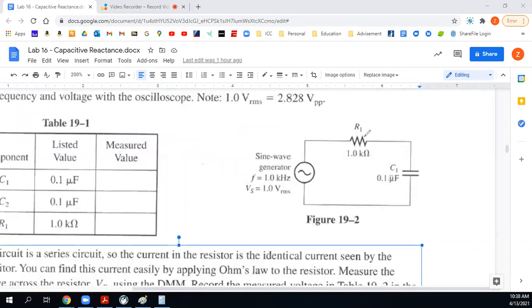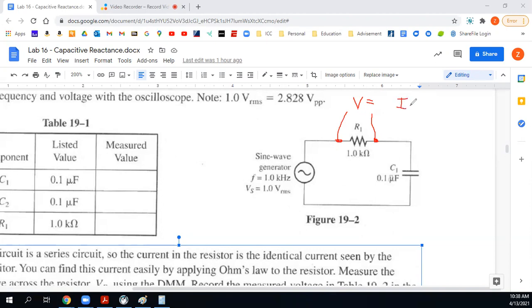But this is a series circuit, right? You have a resistor in series with a capacitor. So if I were to measure the current here, would it be the same there and there? Current is the same throughout a circuit. So if I check the voltage across the resistor, whatever that voltage value is, I can find the current through that resistor, correct?